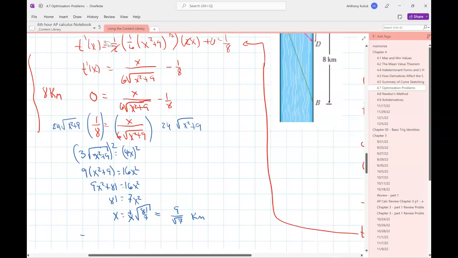Quit being dumb. We shouldn't do that. Why shouldn't we do that? The domain is closed. It's closed, right? So I just need to do t of 0, t of 8, and then t of 9 over square root 7.